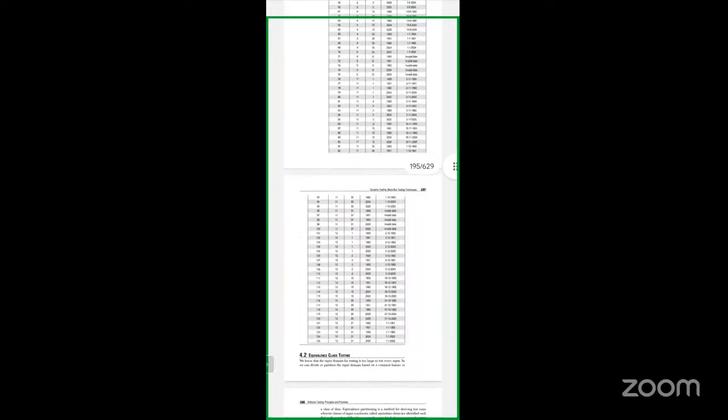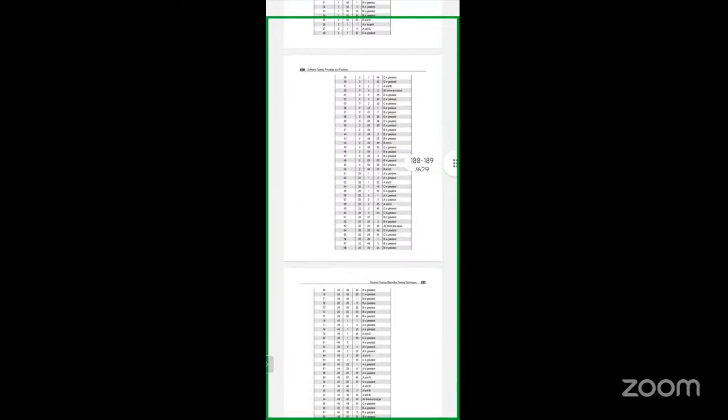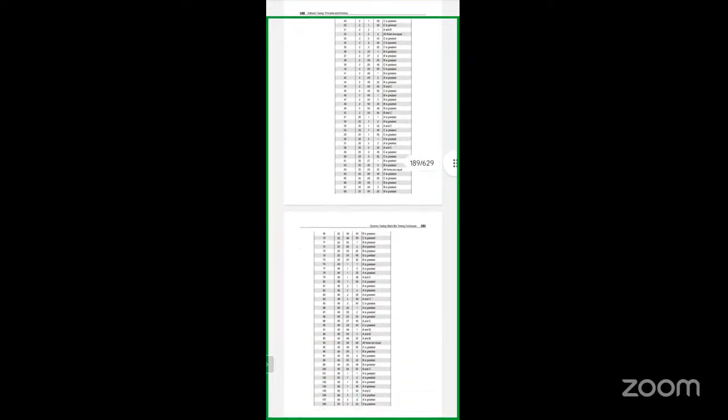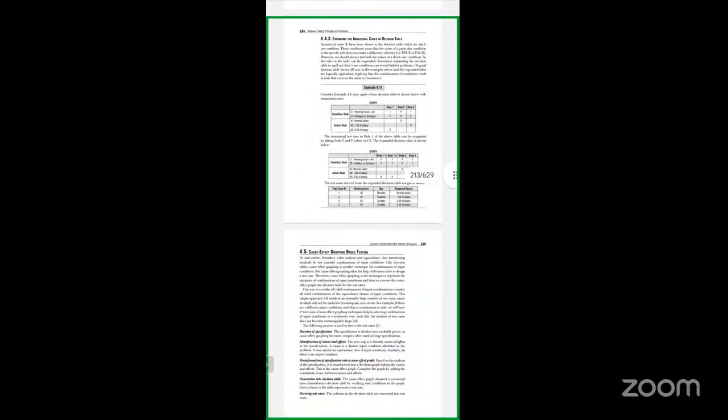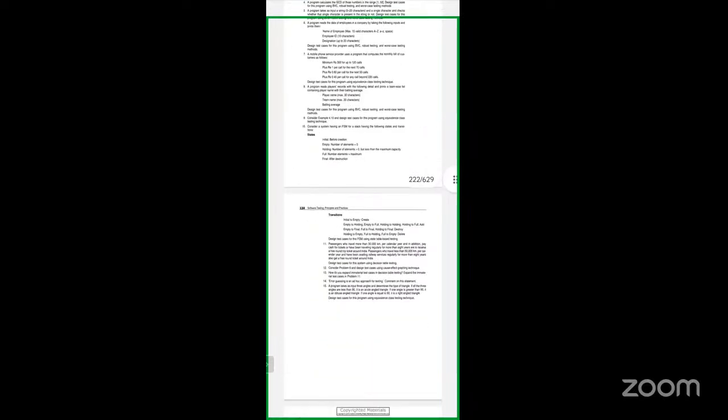So shall we check with the white box as well? You will check these two things by tomorrow. Yes, shall we move on to the white box testing as well? Okay, sir.